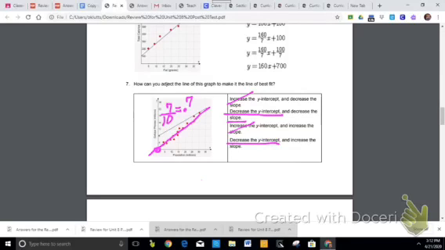If we say we're starting at the origin, it's easy to see that we rise 4 and run 5, and 4 divided by 5 is 0.8, and 0.8 is greater than 0.7. So we would see that instead of decreasing the slope, we would need to increase the slope. Does everyone agree?